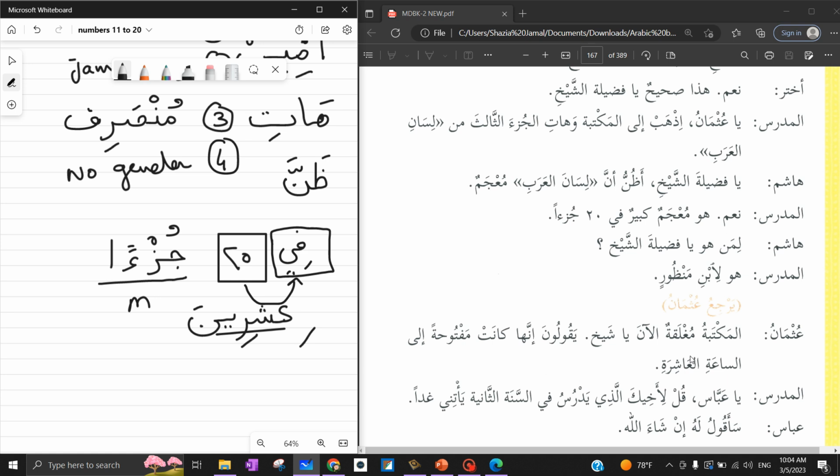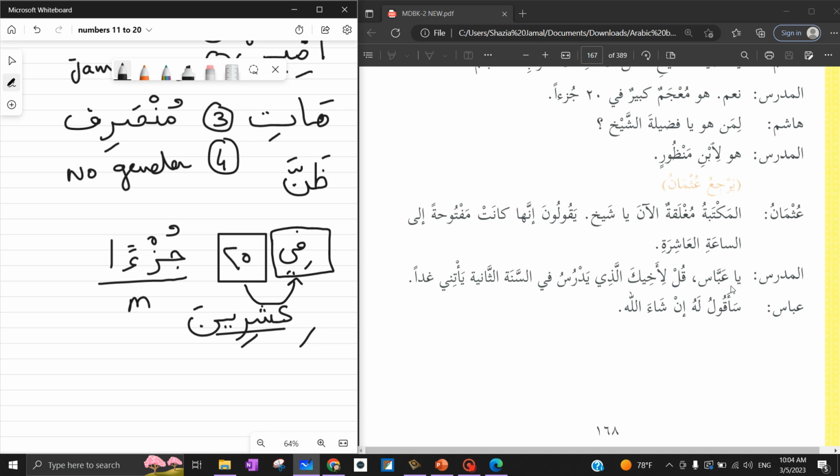Maftuhatun and mughlaqatun are opposites: closed, open. So the staff of the library says that it was open ila sa'atil ashira. Ashir comes from 10. So these are salis, rabi, khamis, sadis, sabi, thamin. These are all the ordinal numbers for first, second, third, fourth. So it's a way of saying around 10 o'clock.